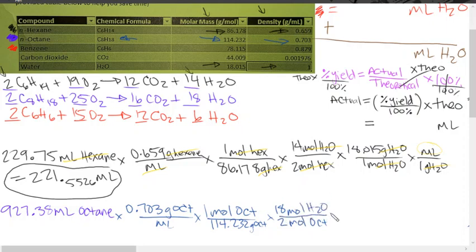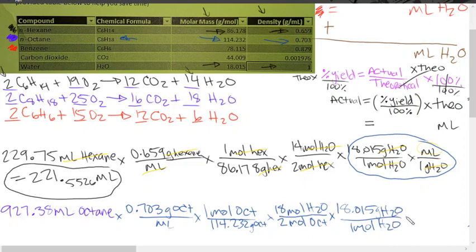And then you'll notice the last 2 steps, these guys right here, are going to be the same for all 3 that we do right now. So 18.015 grams of H2O, 1 mole of H2O, and then milliliter, 1 gram of H2O.